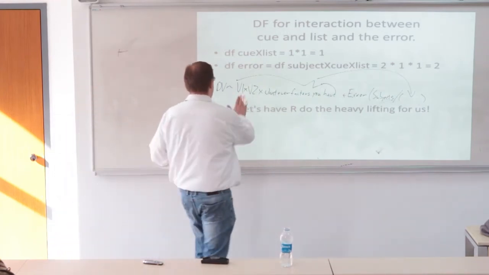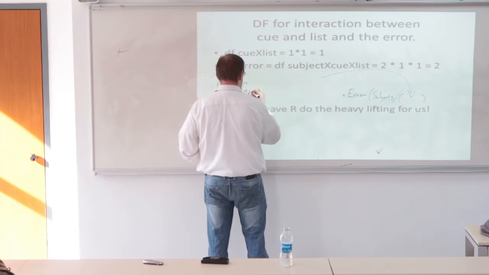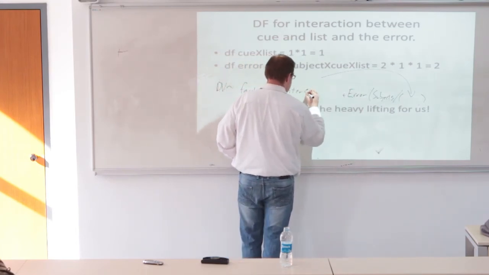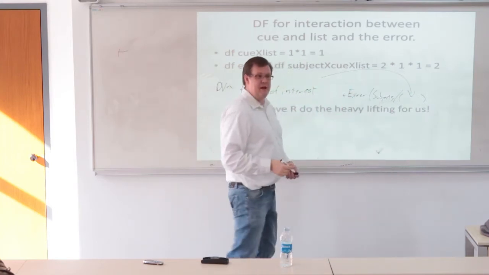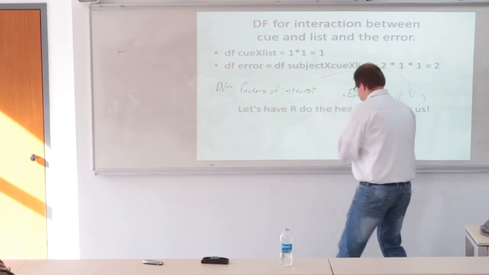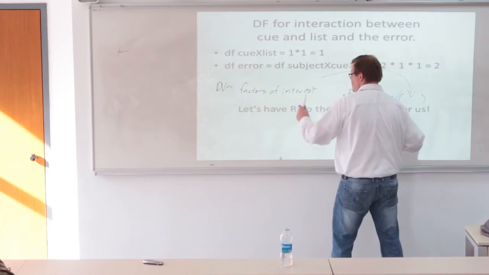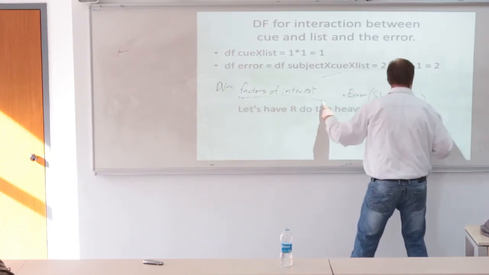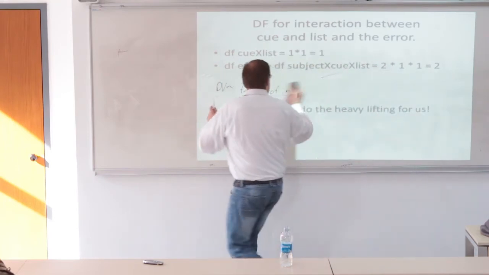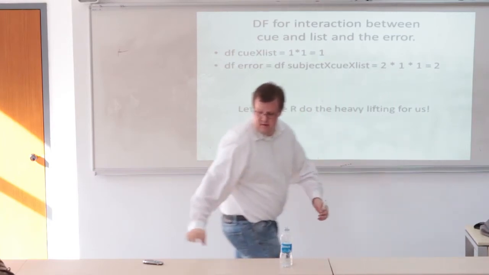We can just say DV is a function of the factors of interest plus some error where we have subjects nested within something. Let's just leave it at something for right now. For the repeated measures, it was the factors of interest. But now we're talking about a mixed design, so that something will be different.